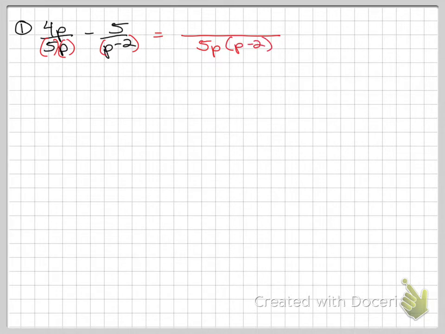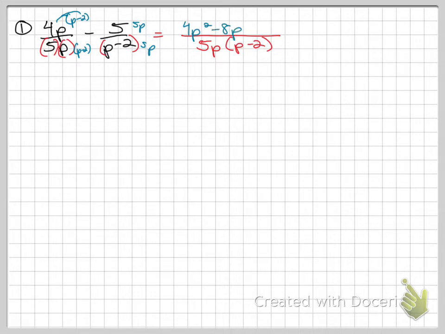So the first fraction is missing the p minus 2, top and bottom. The second fraction is missing the 5p. Remember, you multiply on top: 4p squared, distribute, plus 8p. How about minus?